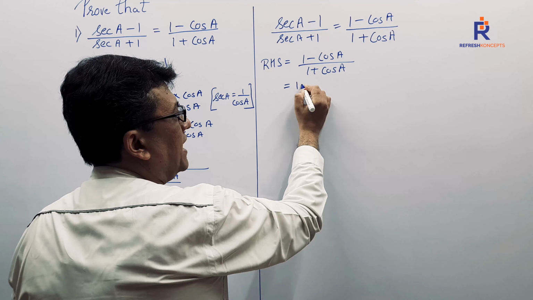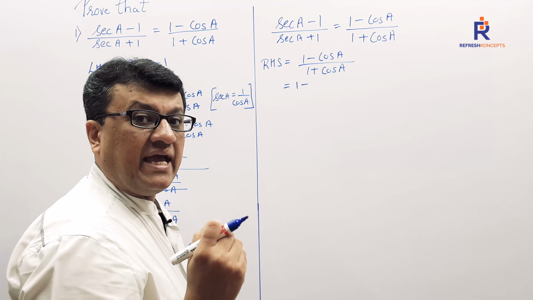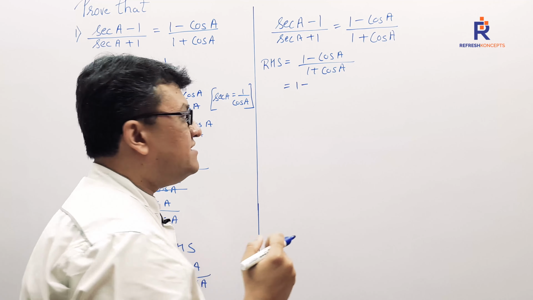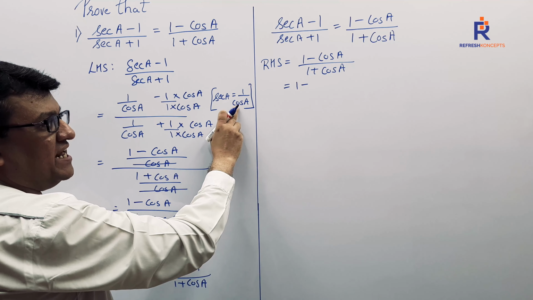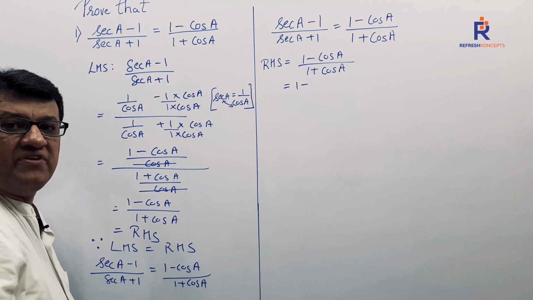Can I write cos A as 1 by sec A? As we wrote sec A as 1 by cos A, can I write cos A as 1 by sec A? Very much.